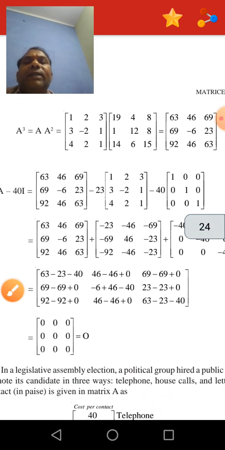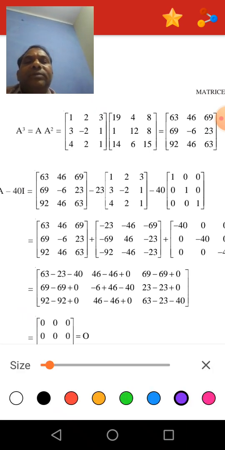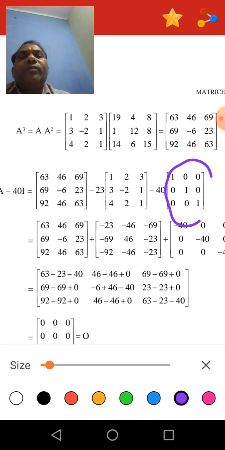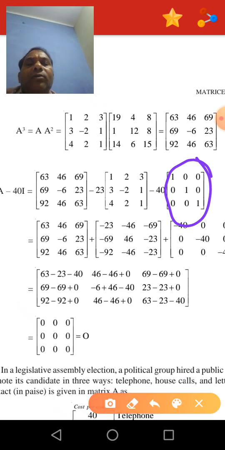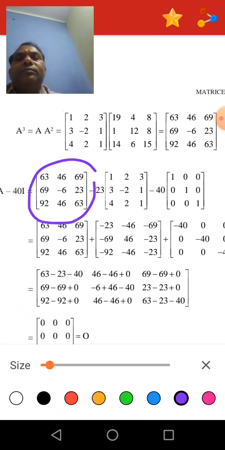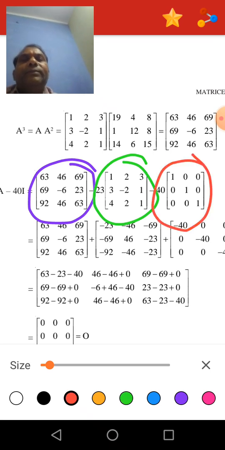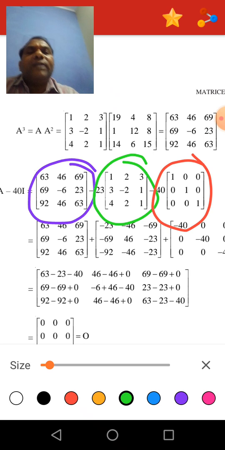Because the given matrix is of order 3 by 3, you have to consider the identity matrix of order 3 by 3. Clear? Now put the value of A cube, then 23 into A, then 40 into I. In case of multiplication of a matrix with any scalar number, each element of the matrix will be multiplied with the scalar.